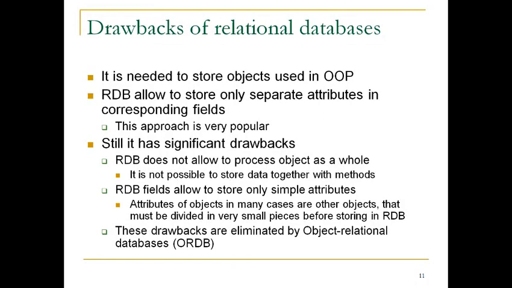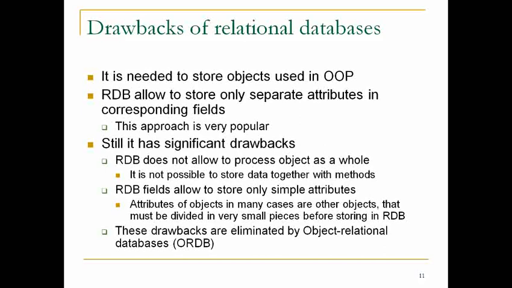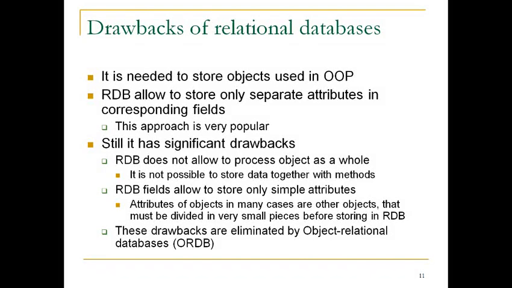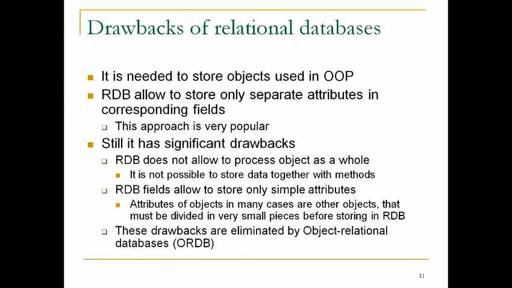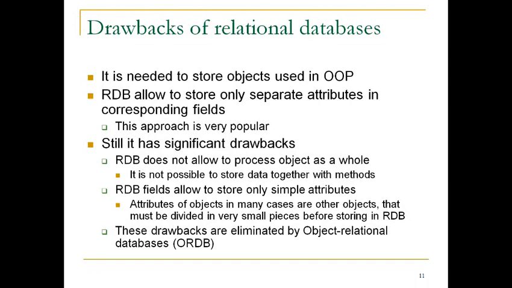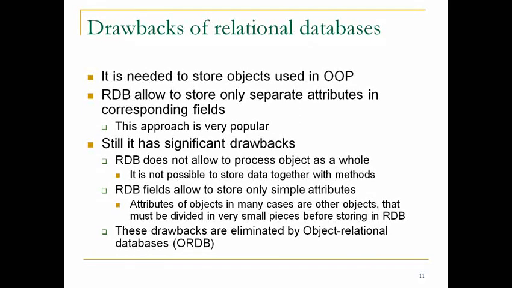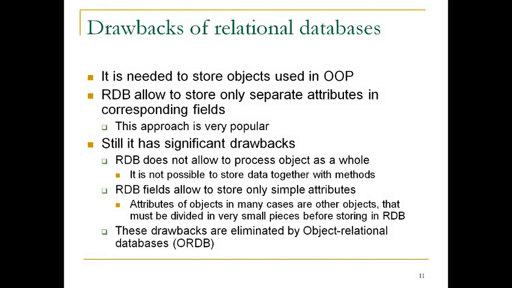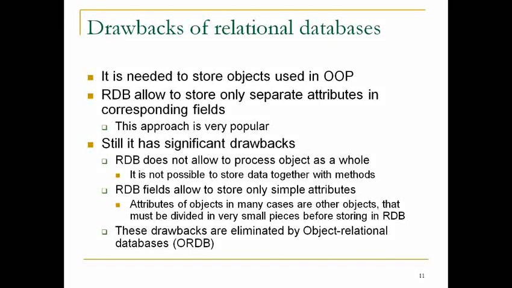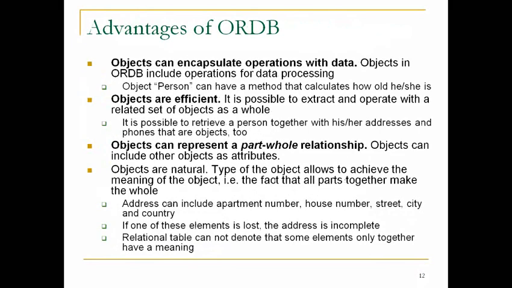So the problem is we are decomposing the object to a very low level, till the very basic component. And that's not the thing we want to do, because we have to create very big relational structures to store one small object of the personal identity. That's why this idea of object relational databases has appeared.